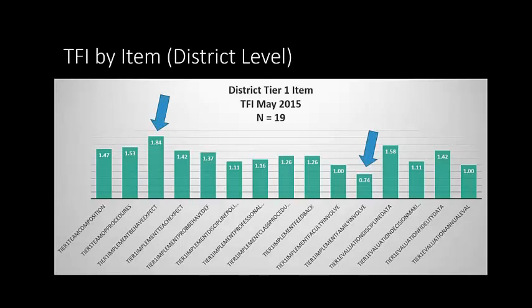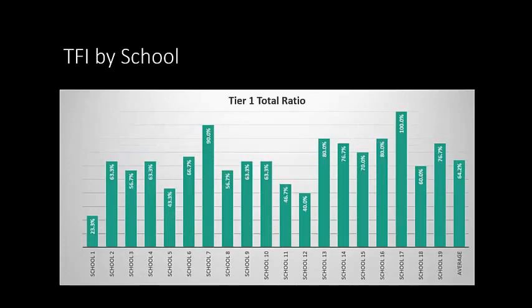The other way we tend to look at data might be, going back to our grade book example, by student, but in this example we're going to look at by school. So these are the Tier 1 total scores from the TFI for this particular school district pretty early on in their PBIS implementation. And they could see you had a lot of schools above that 70% criterion.